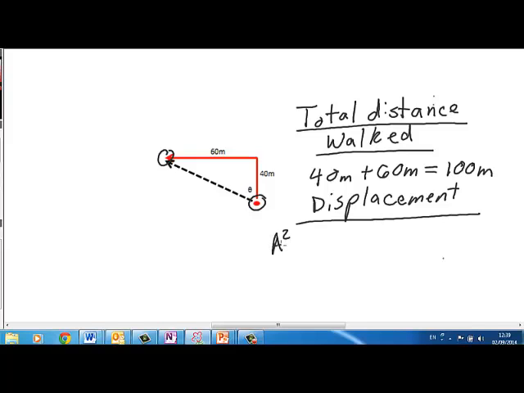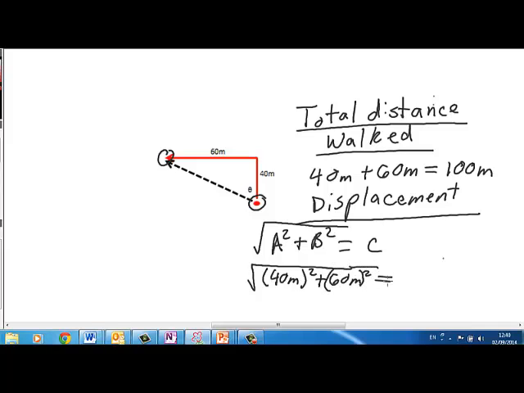The square root of a squared plus b squared should equal the length of our hypotenuse, c. So if I square 40 meters plus 60 meters squared, and then take the square root, I find that my hypotenuse was 72 meters long. My displacement is 72 meters.